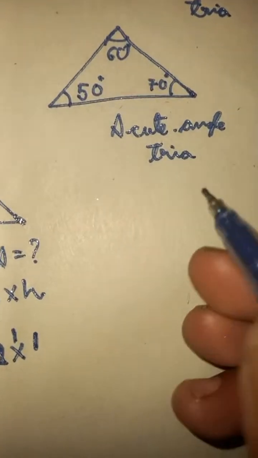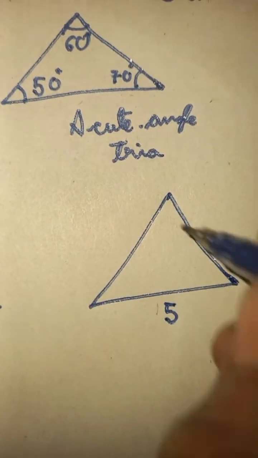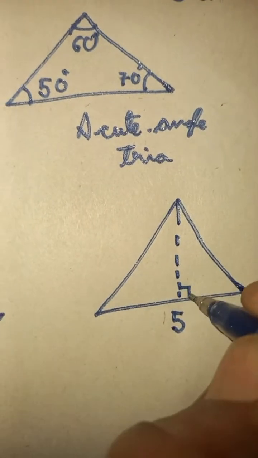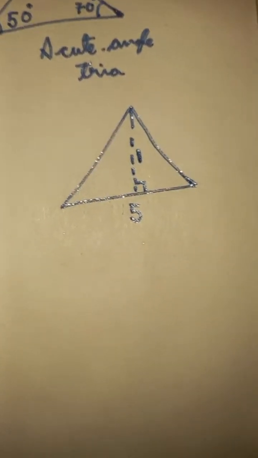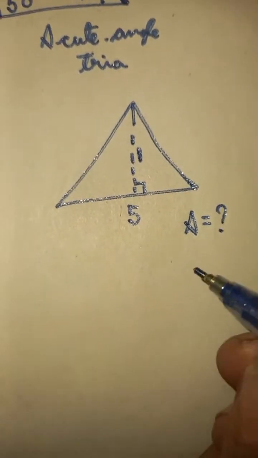Let's take one more triangle. Here in this triangle they have given the base length as 5 units and the perpendicular height as 1 unit. Here also you need to find the area of the triangle.